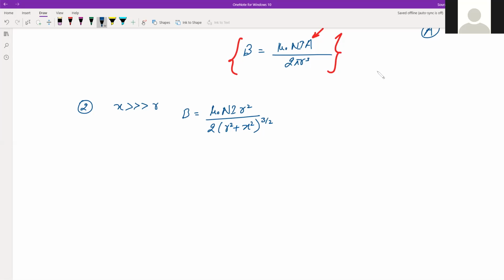This was our expression. So we said x is very large as compared to r.